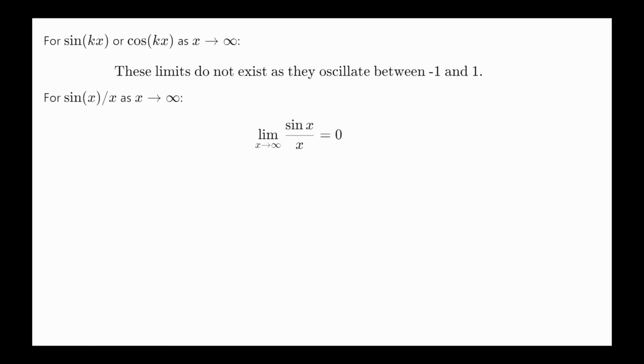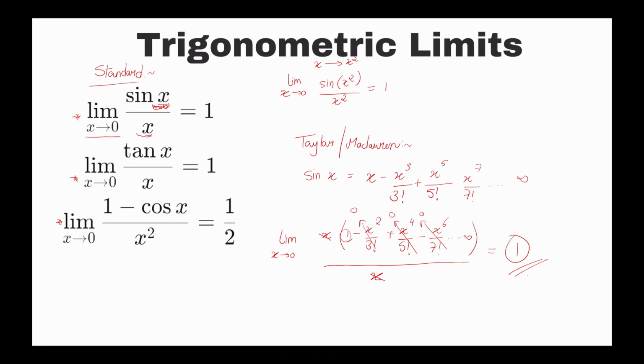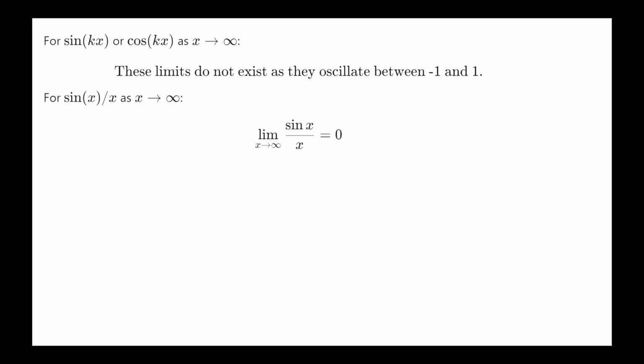Here, what if, let's say, my x is tending to infinity instead of 0? Now, as I mentioned, you must remember that x is tending to 0 for such limits to exist. Now, what if, let's say, instead of 0, I have x tending to infinity? So, if you look at this limit here, where x is tending to infinity, I have sin x by x. I know that the range of sin x basically belongs from -1 to 1, right?